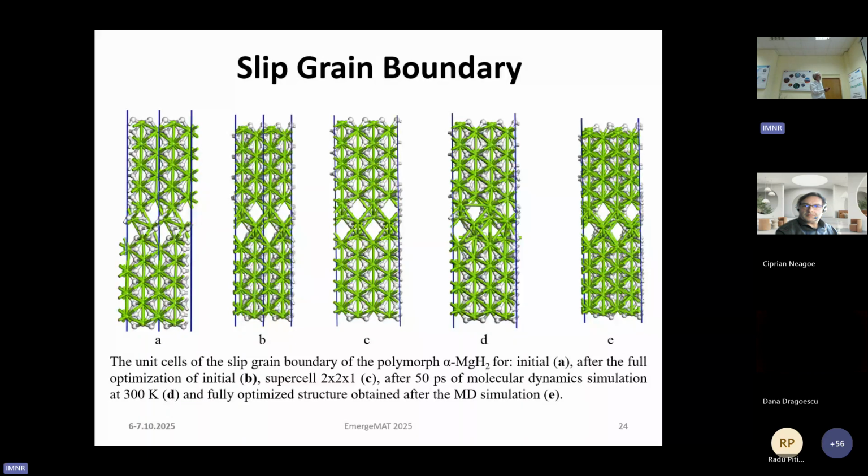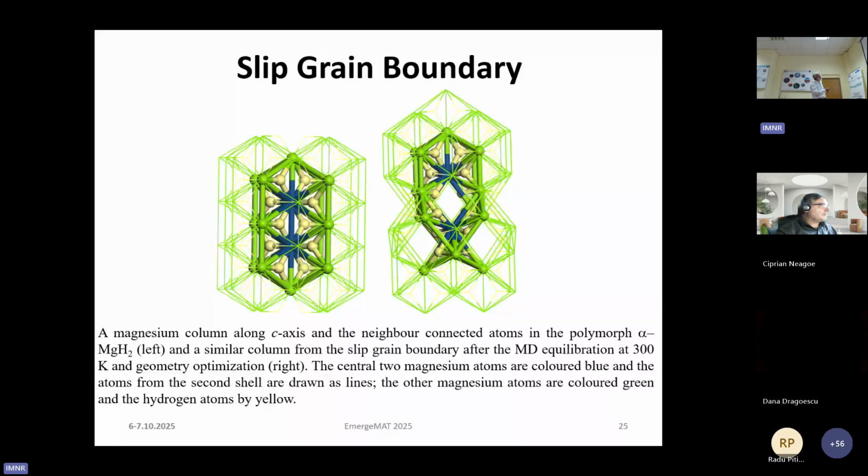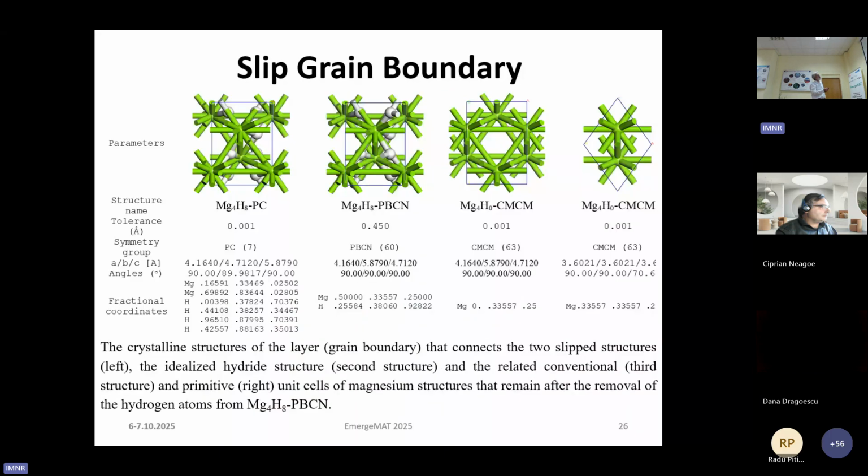And then I increased the temperature, and here is the final after optimization, again after optimization. And in this way, we could see the interface. So this is just the interface. This is the regular structure. And here we identified in the interface that there are some models, and these models actually correspond to some magnesium or magnesium hydride structures.